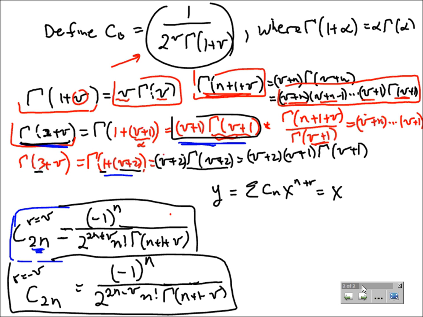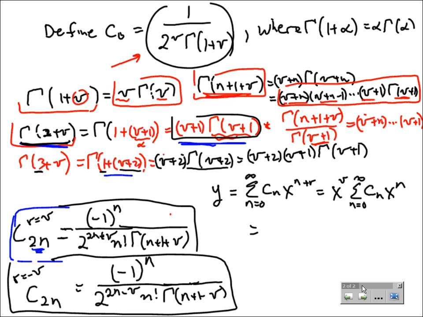But I can factor out an x to the r, so it's x to the r times the summation of c sub n x to the n. And n was supposed to go from 0 to infinity, and it turned out that r was v.